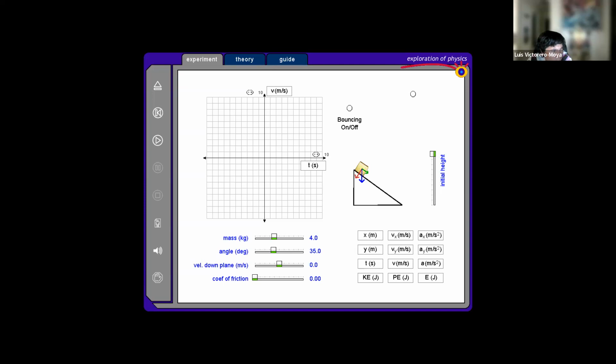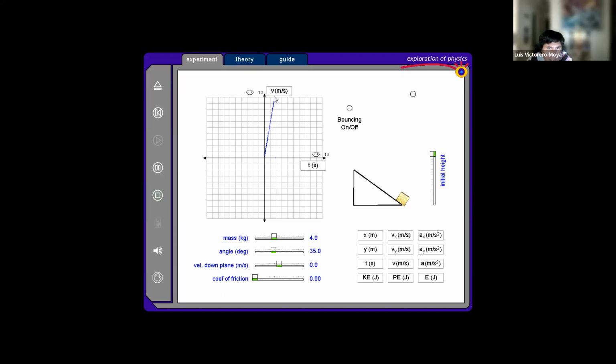You will be doing this a few times. So let's record it to show you what you have to do. Make sure the height is the maximum.